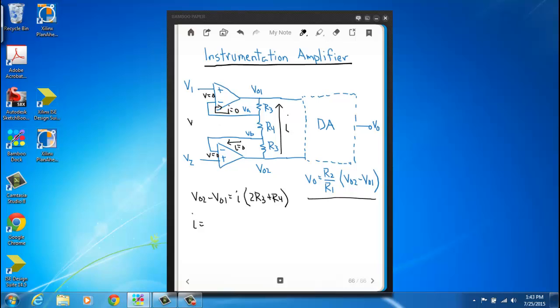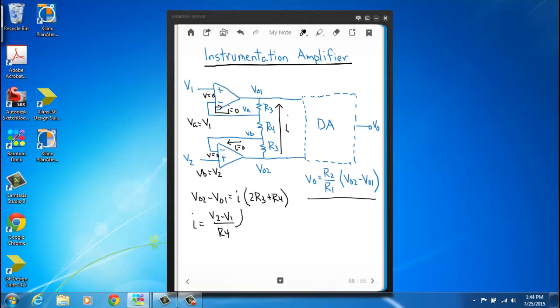VA equals V1. Since the voltage across the input of the op amp is ideally 0, that means voltage is the same on both inputs like we've seen many times. So VA is equal to V1 and VB is equal to V2. So those voltages are connected right across this resistor R4, so I can write I also as V2 minus V1 over R4.